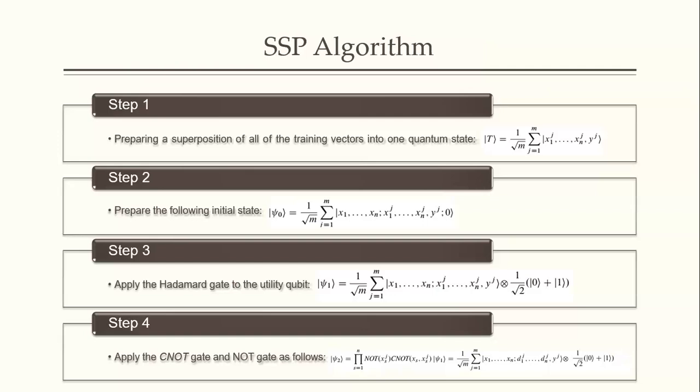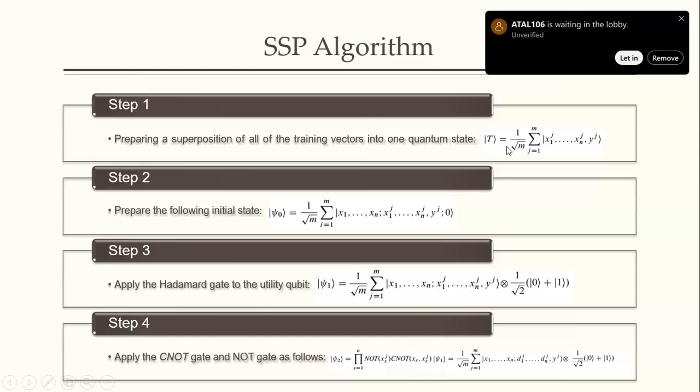Then step 4, apply C naught gate and NOT gate. This is the NOT and C naught. Similarly, for this above equation, we are applying NOT and C naught.